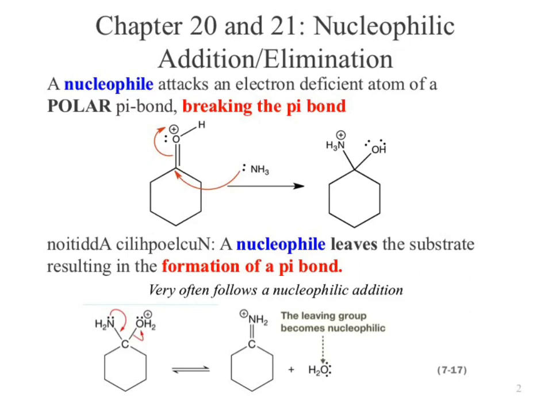As a hint, the nucleophilic addition would be this first one. This is a nucleophilic addition. What happened? Say that again, Wyatt? Okay. Notice that we lose the pi bond.